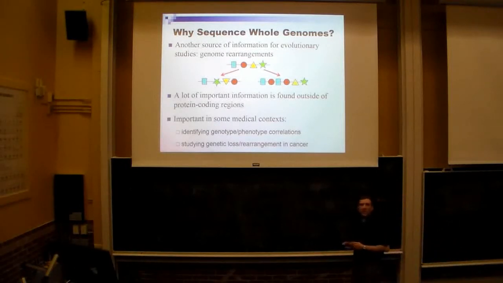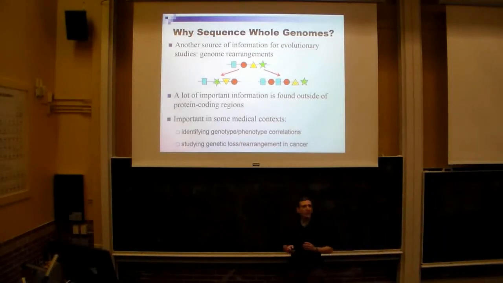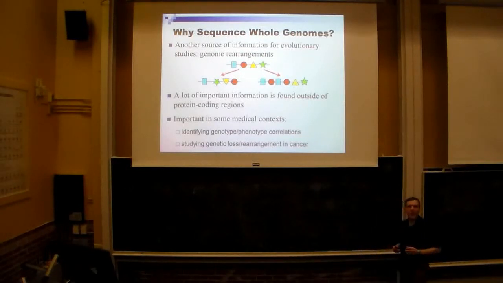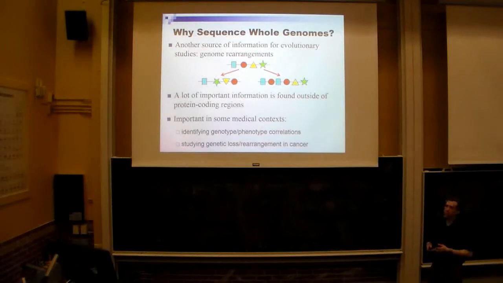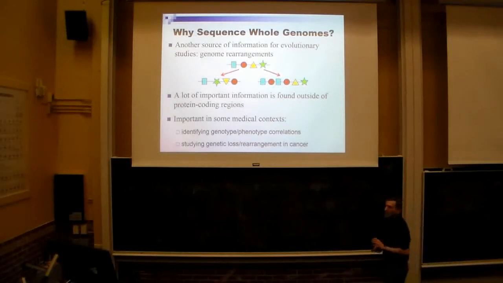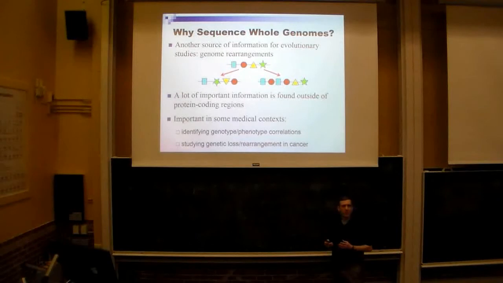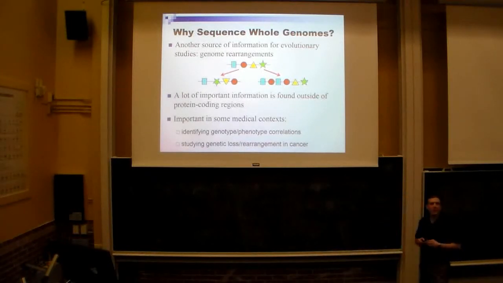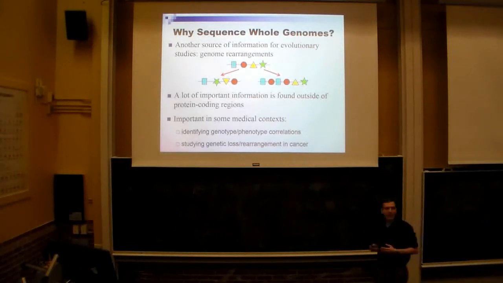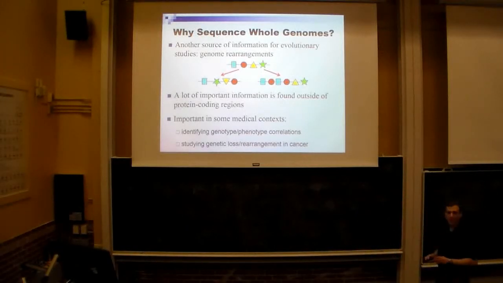So genome sequences are often used in their entirety, or at least in large portions, to study evolution, because on very long time scales, we can map evolution, or at least measure evolutionary distances approximately in terms of rearrangements of large regions of genomes. So rearrangements of entire genes, or duplications or losses of genes. These tend to be the best evidence we have for very long time scales of evolution. So if you're trying to build evolutionary trees on scales of hundreds of millions of years, say. So this is one of the reasons this kind of information is useful.